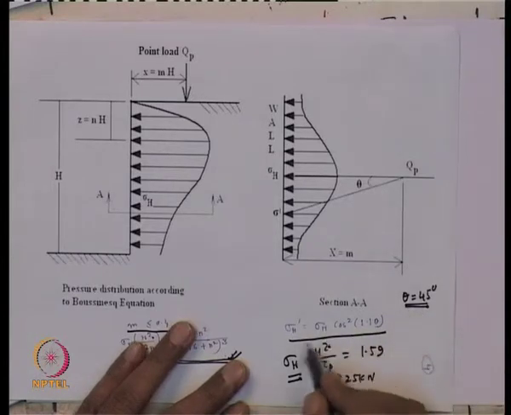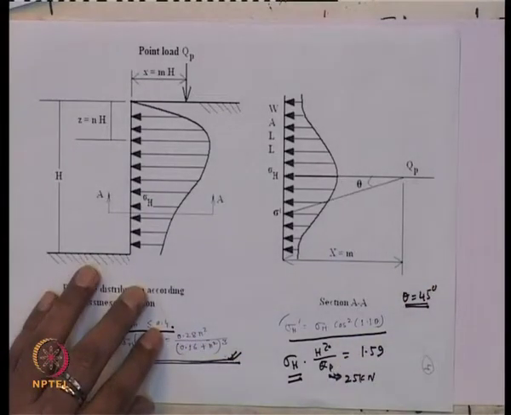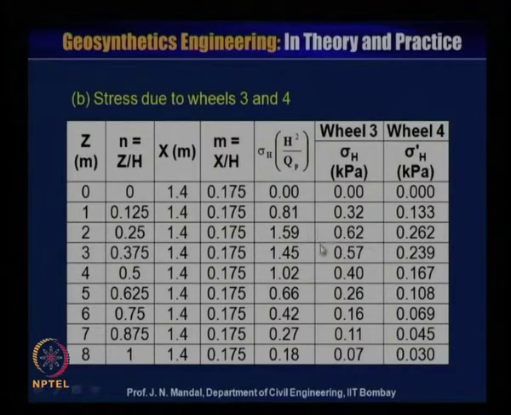For example, at a depth of 2 meter, sigma h value is 0.62. So sigma h dash will be 0.62 into cos square 1.1 into theta, where theta is 45 degree. So you can calculate sigma h dash at any point.